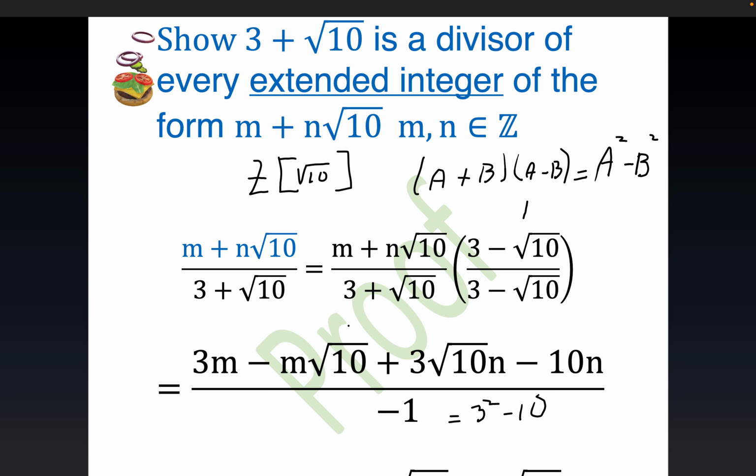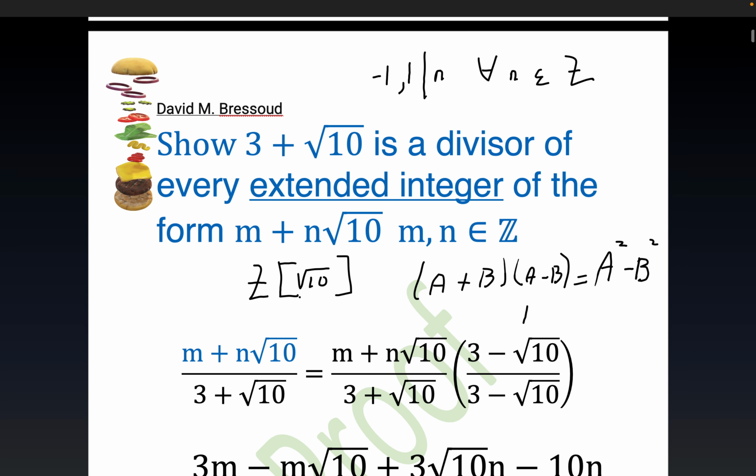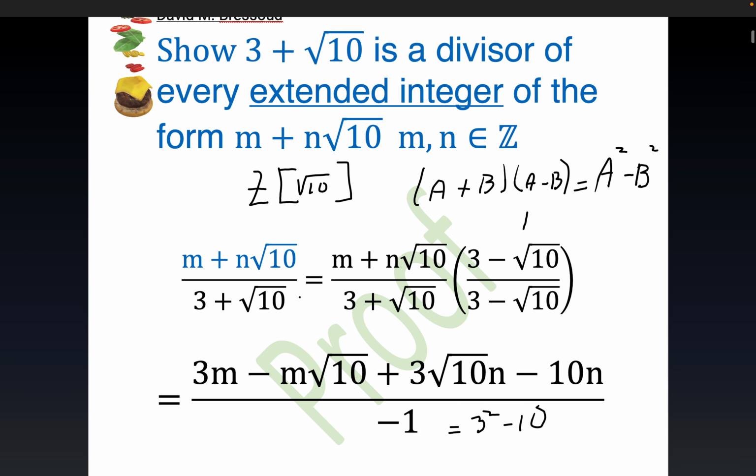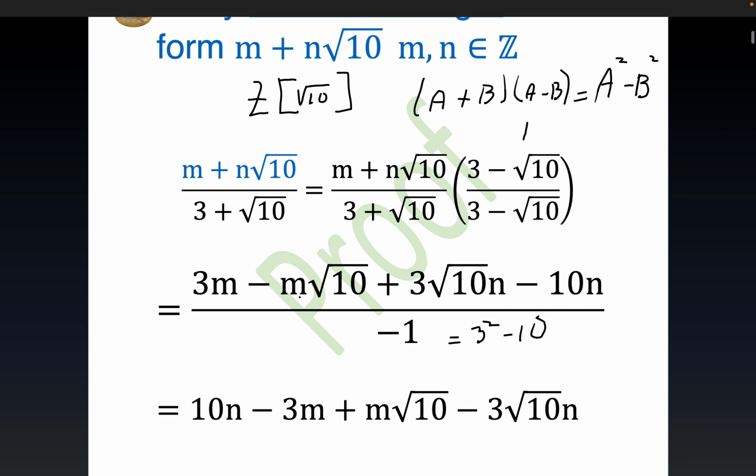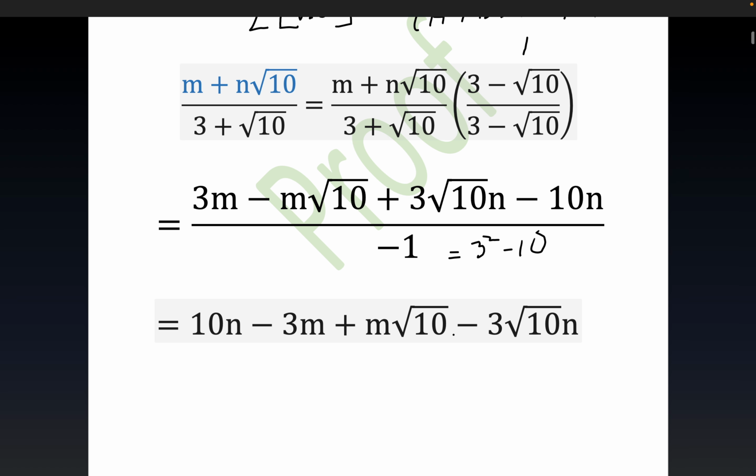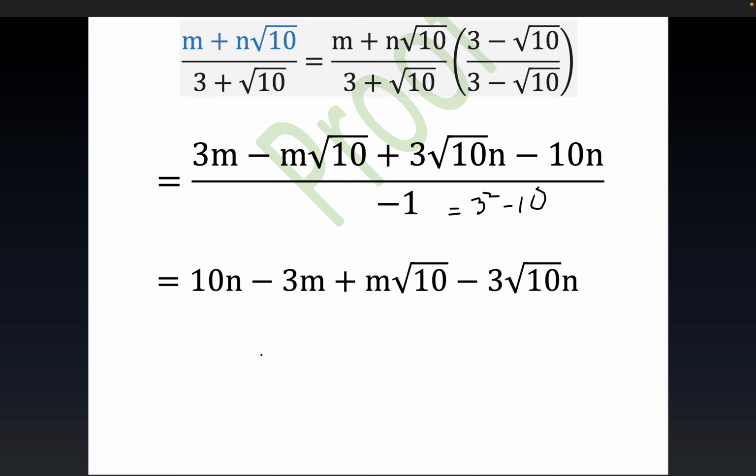And y'all, what we're trying to show is that we will get something of this form. And that will prove that this object will divide everything just like 1 and minus 1 divides every integer in the regular set of integers, okay? So now I did a little bit more work here. Notice this minus sign will just change these signs around. You see how it was minus 10 in here, now it's plus 10. But notice right here that you can already see that we got what we wanted.